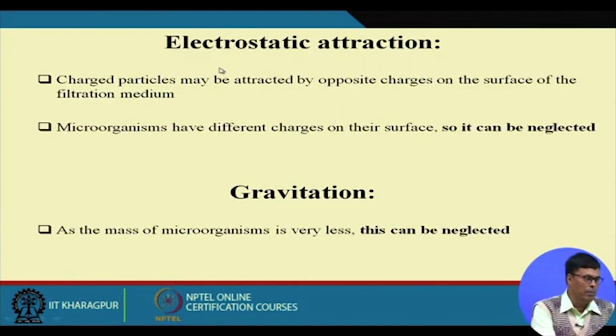Now, particles also can be collected with the help of electrostatic attraction, but it is insignificant. Why is it insignificant? It has been found that there are different organisms, and I can give a typical example of Bacillus subtilis. If you look at the charge distribution of Bacillus subtilis, it is different: maybe 70% is neutral, maybe positive, 20% might be the other charge, and 10% might be the other charge.